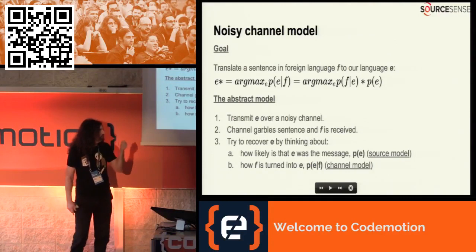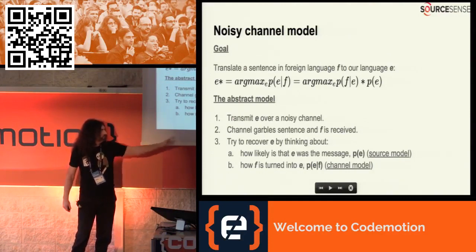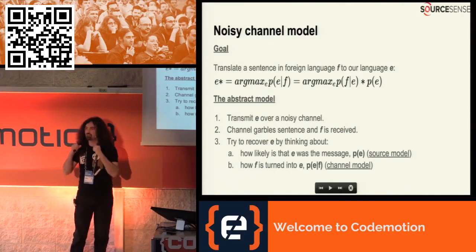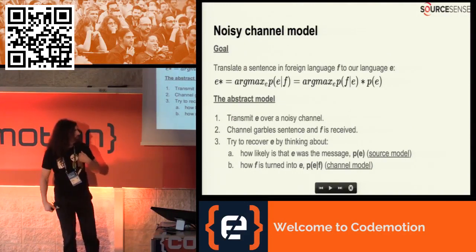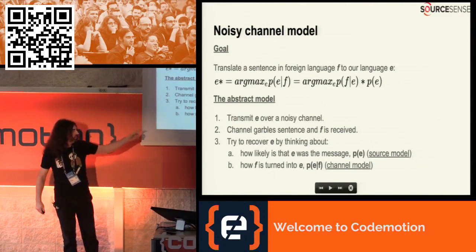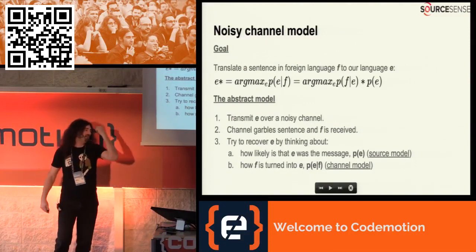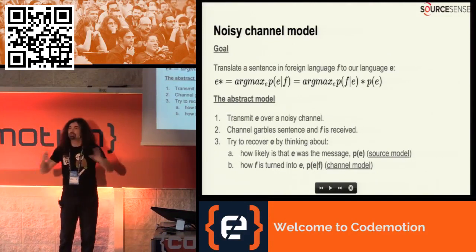We try to recover E by thinking about how likely it is that E was the message, which is the probability that E was said at all. This is the source model. It has to do with our language: what are the characteristics of our own language, which we understand. And then how F is turned into E, which is P of F given E, the probability of observing the sentence F given the sentence E, which is the channel model.